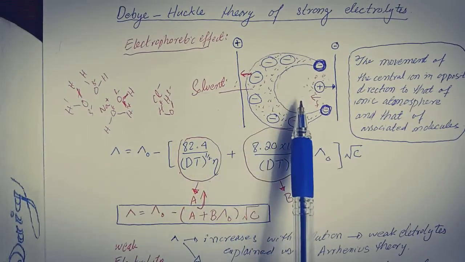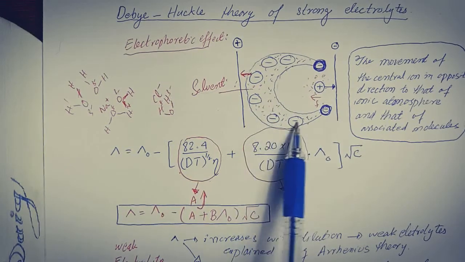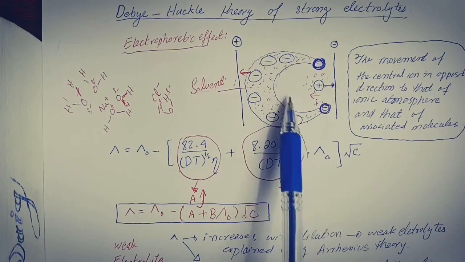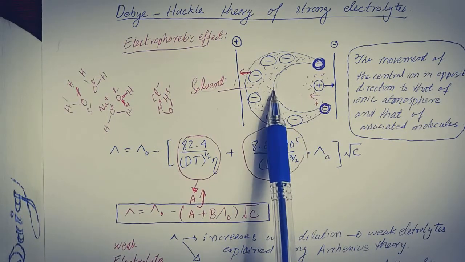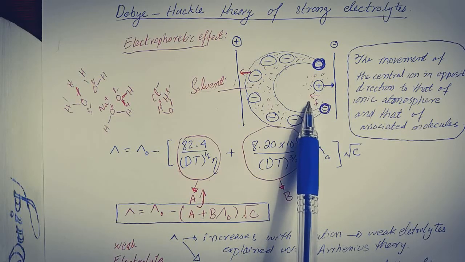And whenever an ion with its ionic atmosphere travels in the solution, the medium of the solution offers frictional resistance. This force depends upon the viscosity of the medium and its dielectric constant.